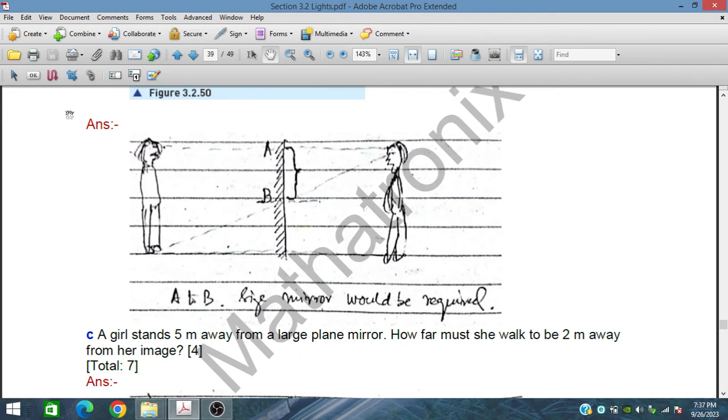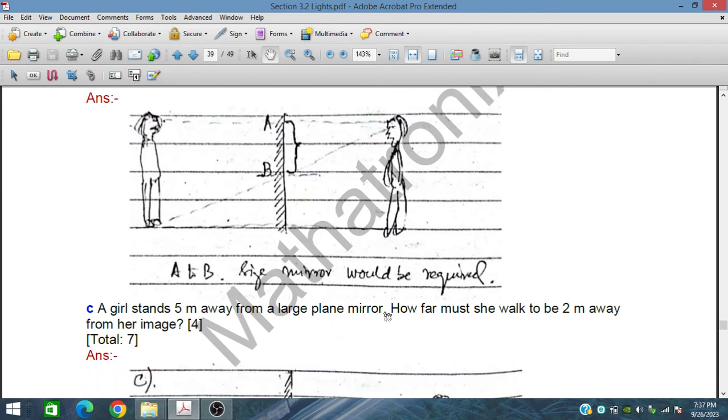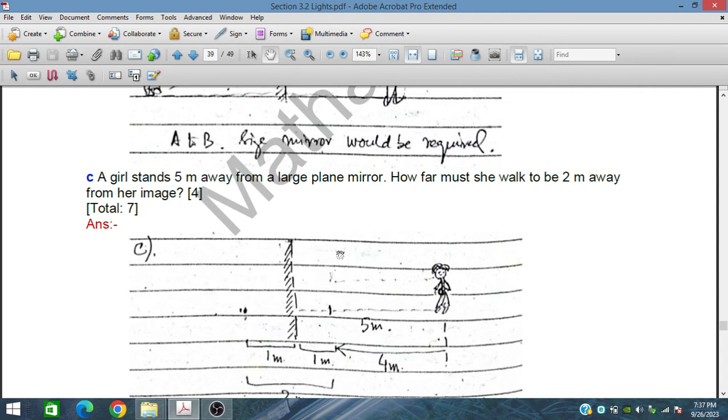A girl stands 5 meters away from a large plane mirror like this. How far must she walk to be 2 meters away from her image?